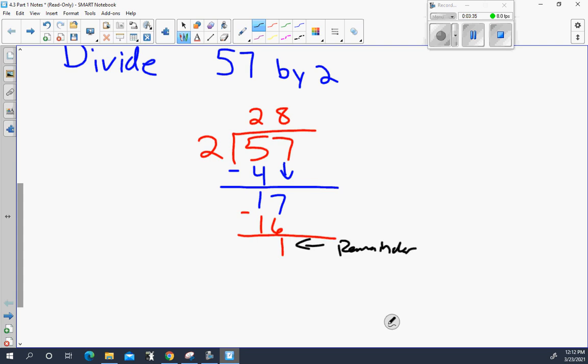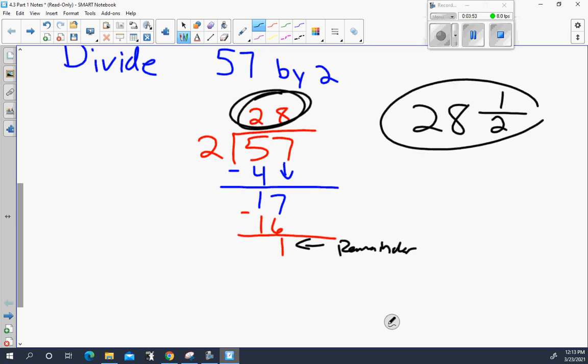Okay, and that comes into our final answer. My final answer, I'm going to stick with right here, 28. Then we have that remainder. And how do we write that as our answer? We're going to write our remainder as a fraction, so 1 is our remainder, over what we're dividing by, 2. Okay, so I hope that review helped us out a little bit.